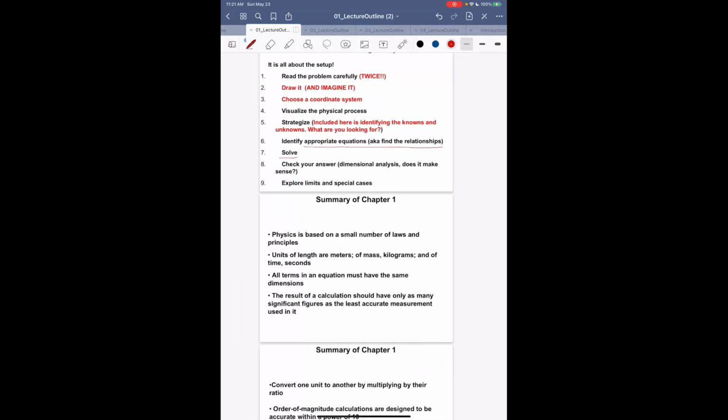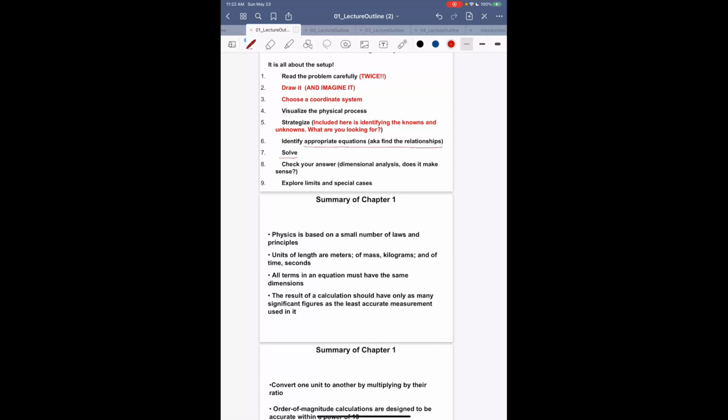This is the summary of chapter 1. Physics is based on a small number of laws and principles. Units of length are meters, units of mass are kilograms, and units of time are seconds. All terms in an equation must have the same dimension, because we cannot add bananas plus oranges.